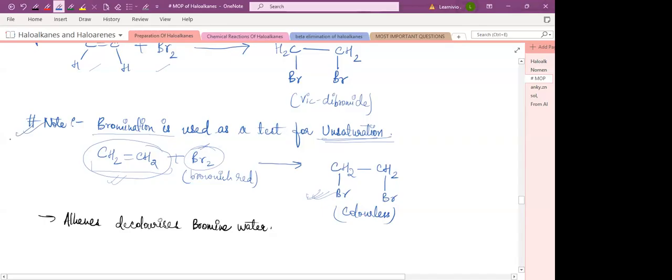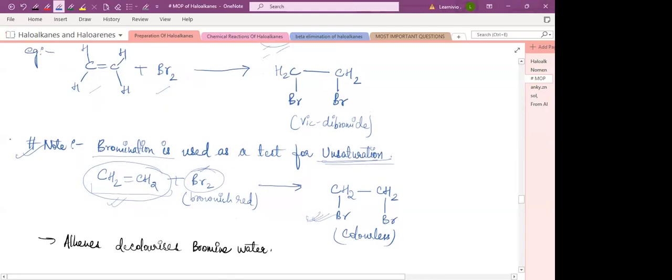So alkene decolorizes bromine water. Just remember, you can say this is the application of this reaction.